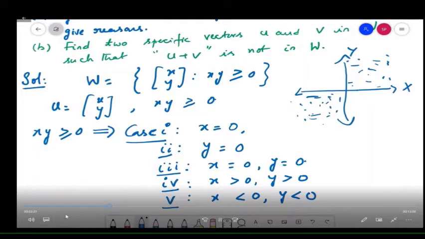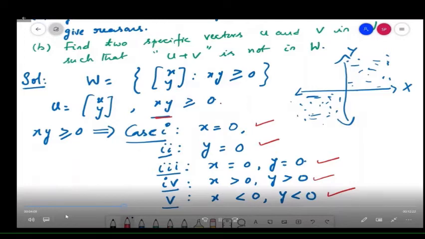In all these 5 cases, the product xy will be either greater than 0 or equal to 0, so the product xy satisfies the given condition in all these 5 cases: x is 0, y is 0, both x and y are zero, x greater than 0 and y greater than 0, and x less than 0 and y less than 0.